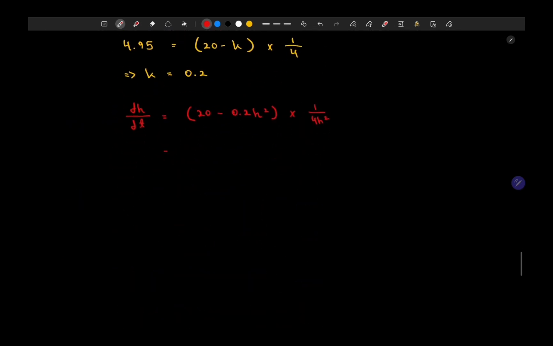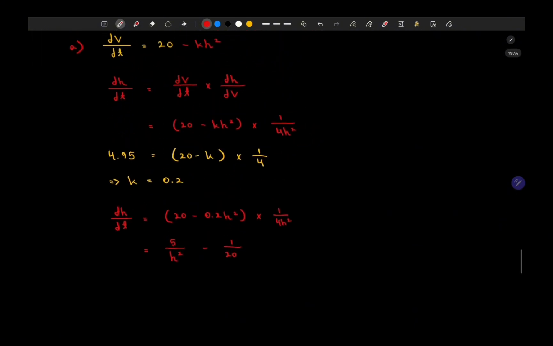So we need to multiply it with 1 over 4h squared. That gives us 5 over h squared minus, 0.2 divided by 4 gives us 1 over 20. So that is the answer to the first part of the question.